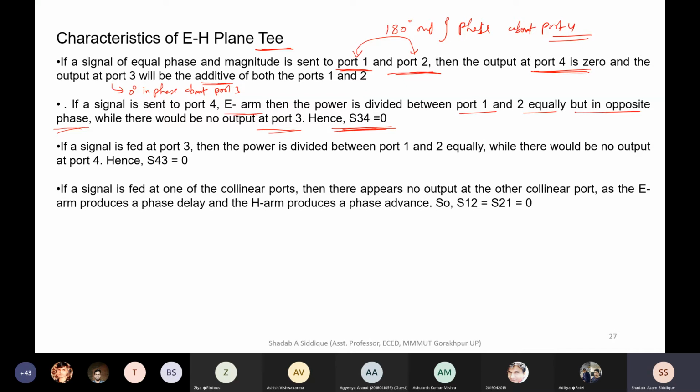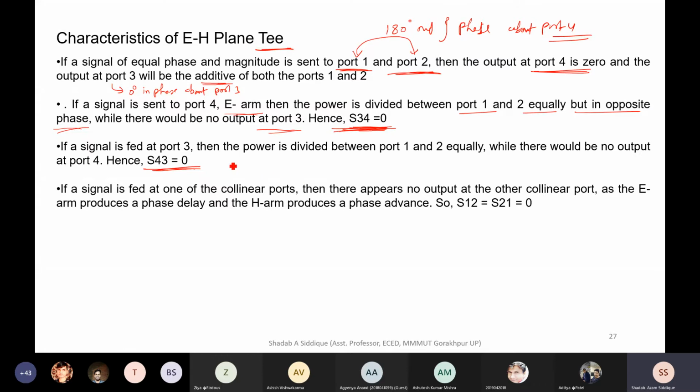So if you apply input at port 4, you will not get output at port 3. This is the condition that the microwave waveguide is connected in such a way that S34 will become 0. That is the condition for the H plane T. So S34 and S43 both will be 0. They are connected in such a way that it will be 0. That is the characteristic of this one.